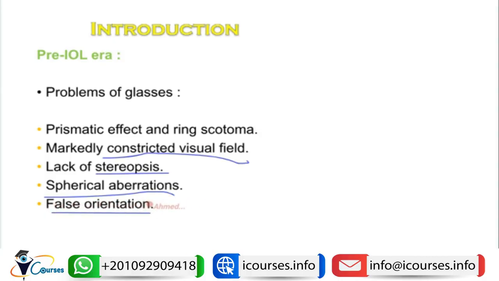As we said, the high plus lens will cause the objects to appear closer to the eye than they really are. So from this perspective, a great need for an invention for the intraocular lens arose to overcome these problems.